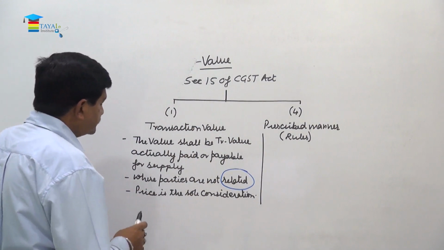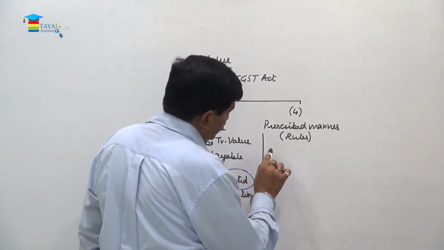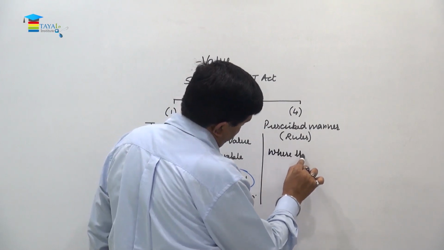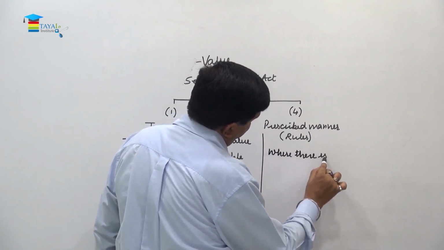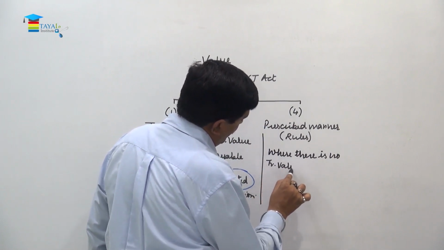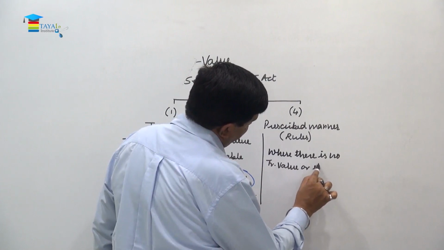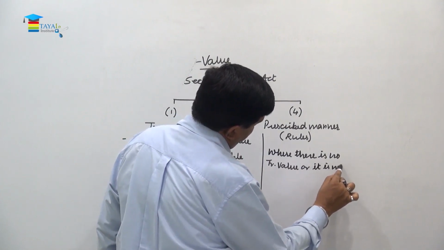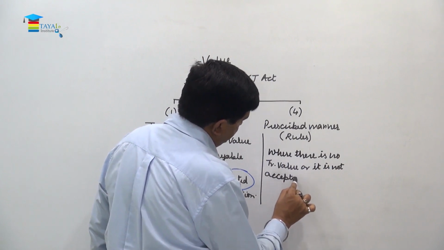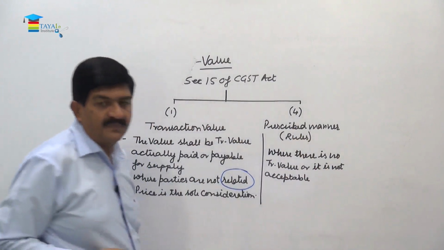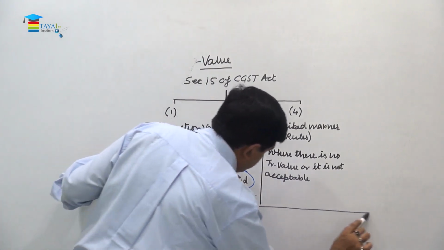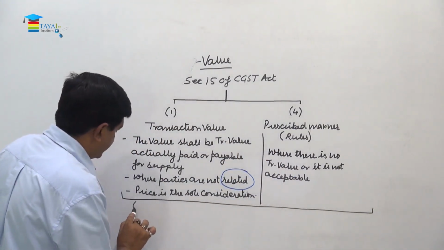Okay. So here we can just write where there is no transaction value or it is not acceptable. Okay. Then we have subsection 5.